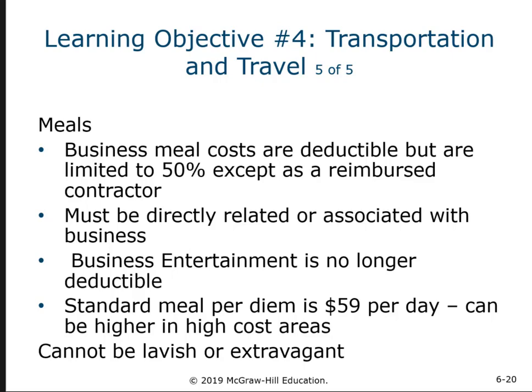When you are traveling out of town, again, to make your life easier, if you don't choose to keep all your receipts for restaurants and all that type of thing, you can take $59 per day. Instead of having to show all your receipts, all you have to do is document the purpose of the trip, the days you were there, somehow prove that you were there, maybe a hotel receipt or something, and what client you saw.